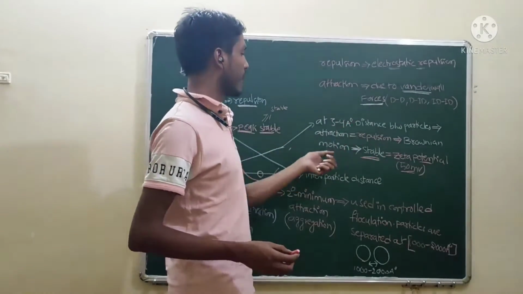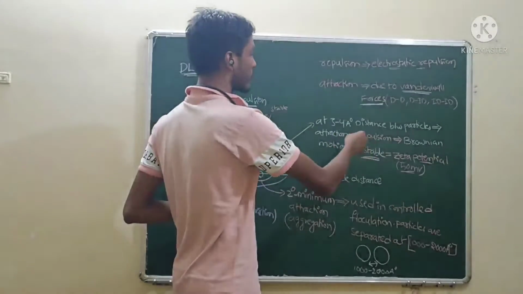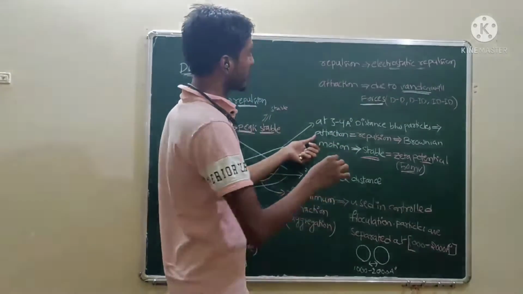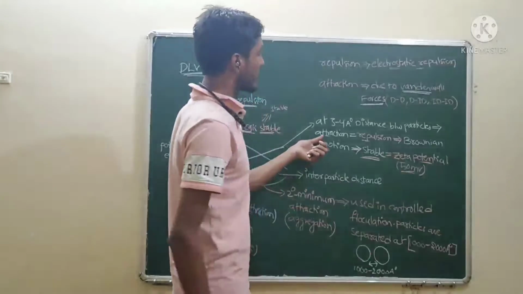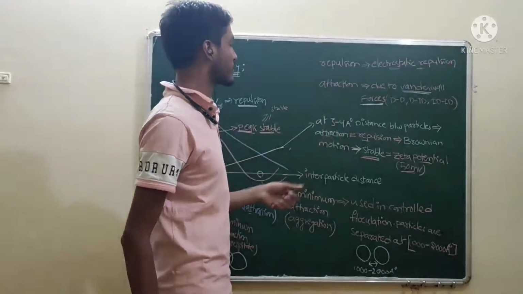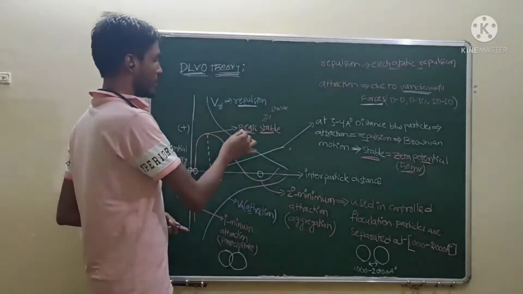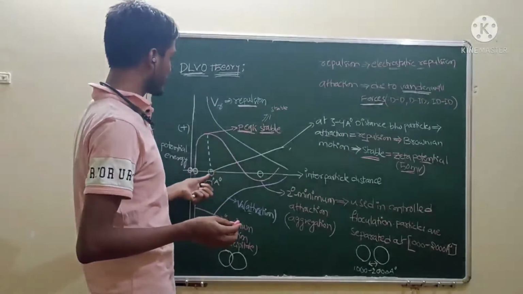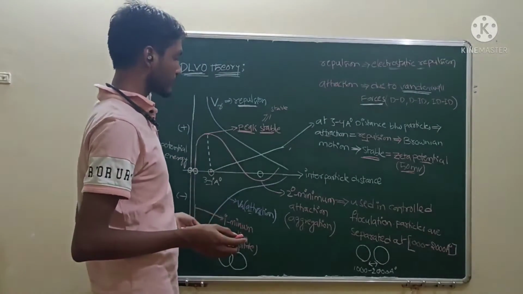At this distance, attraction and repulsion are equal at 3 to 4 angstrom. This peak is very, very important.